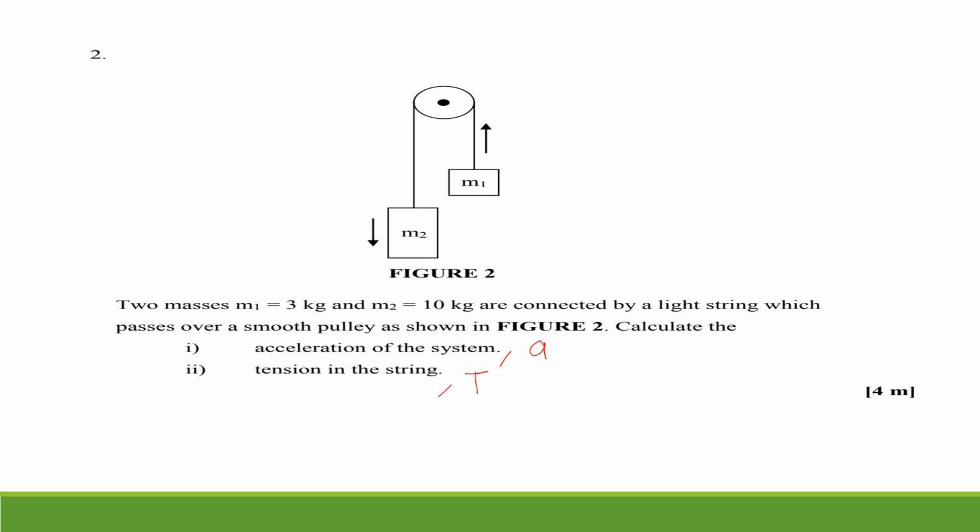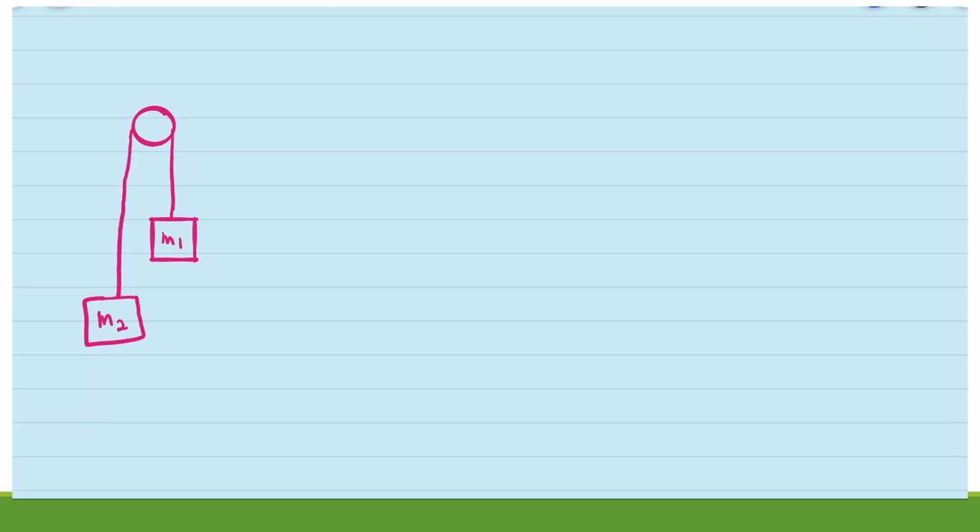So this is the direction of the object: acceleration upward, acceleration downward. Question 2 asks for the acceleration of the object. First of all, we know that M1 is 3 kg and M2 is 10 kg. The acceleration for object 1 is upward and the acceleration for object 2 is downward.